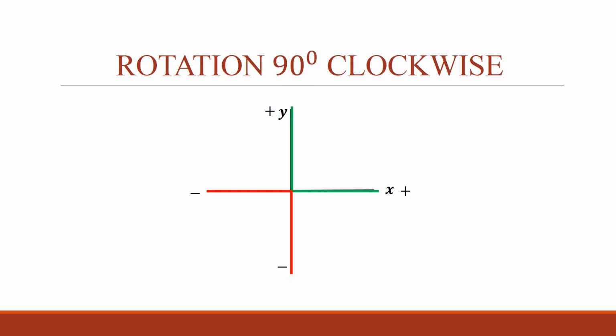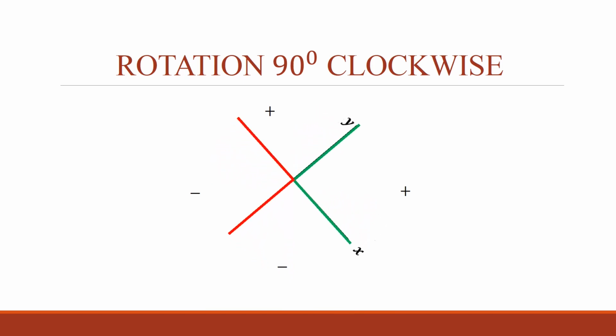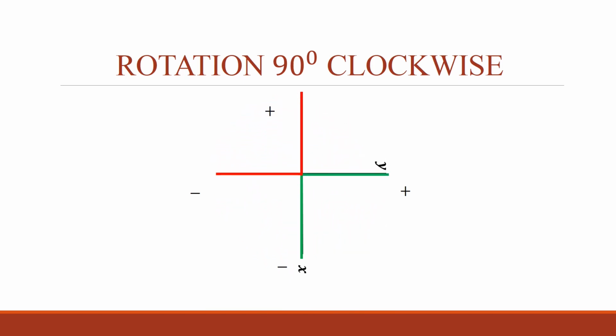Now, how do we perform 90 degrees clockwise rotation? Remember, we stated that in this kind of rotation, we are moving forward. So the positive side of the x-axis moves first, followed by the positive side of the y-axis. So we only rotated once, and that forms an angle of 90 degrees.